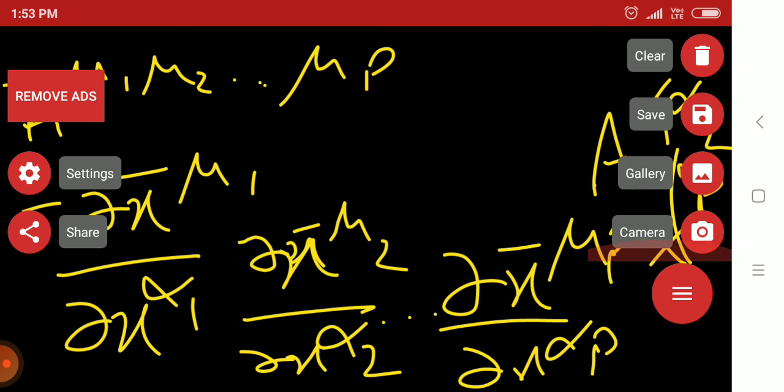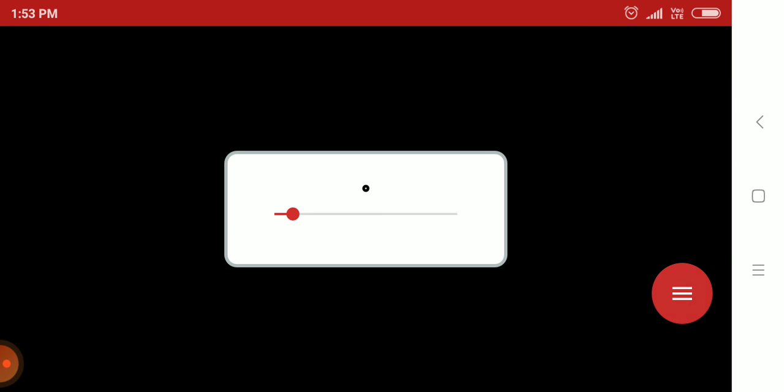So this is in general the contravariant formulation of a rank p tensor.